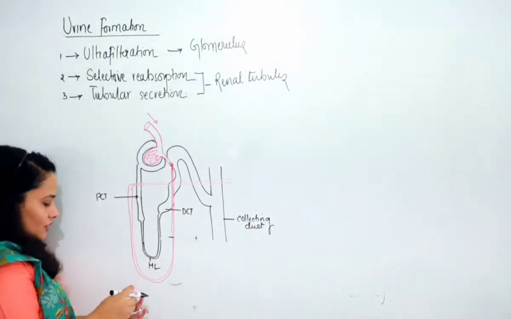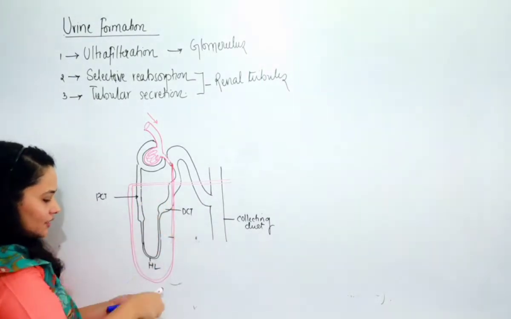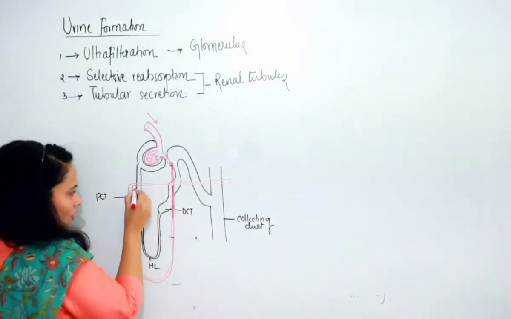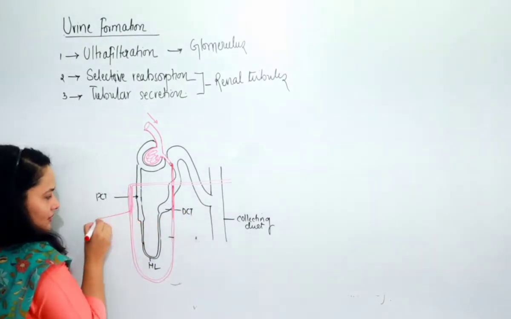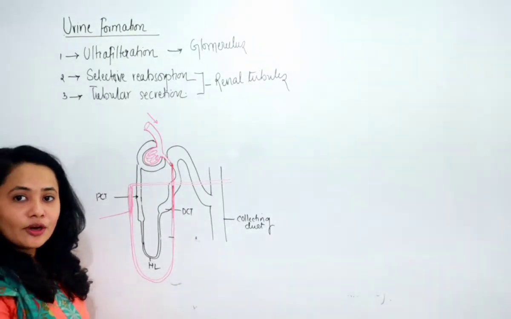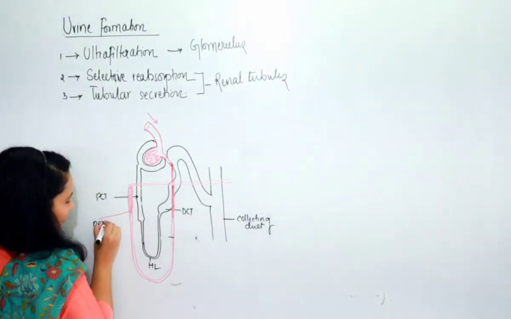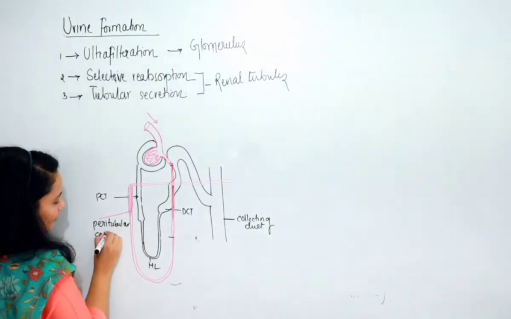Now you can see these red capillaries which are surrounding the PCT and DCT. That is what I am talking about. These capillaries are known as peritubular capillaries. I'll write over here, these are known as peritubular capillaries.